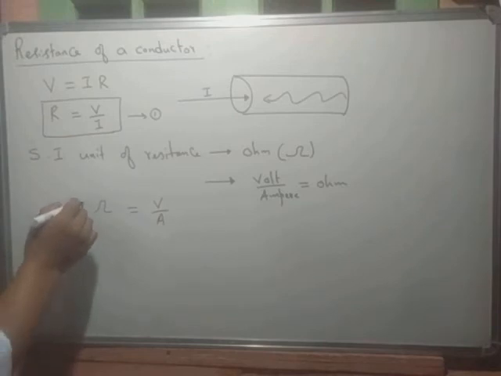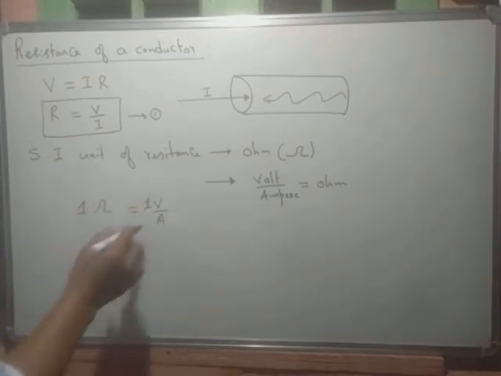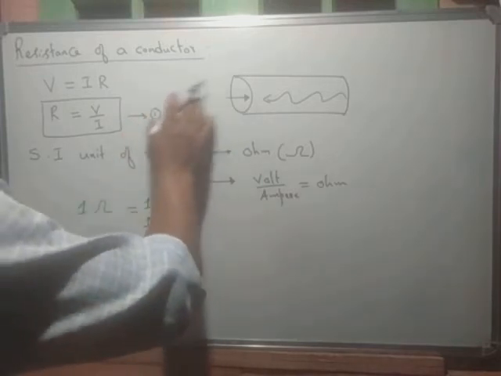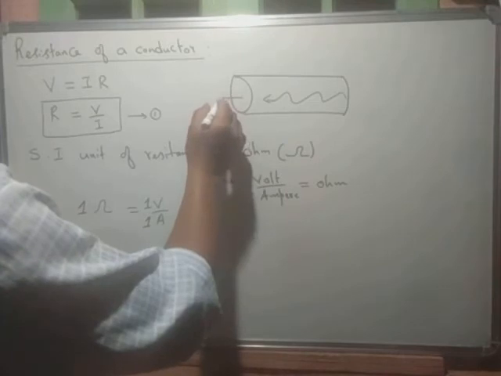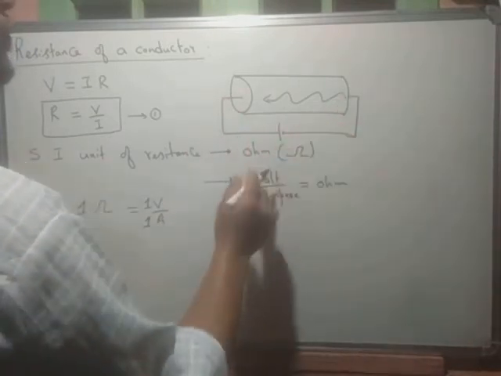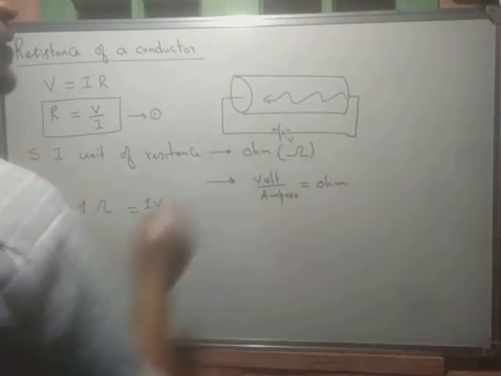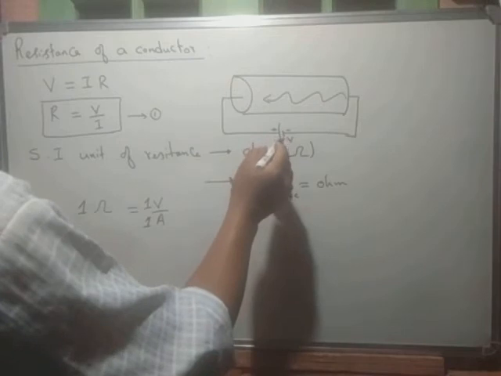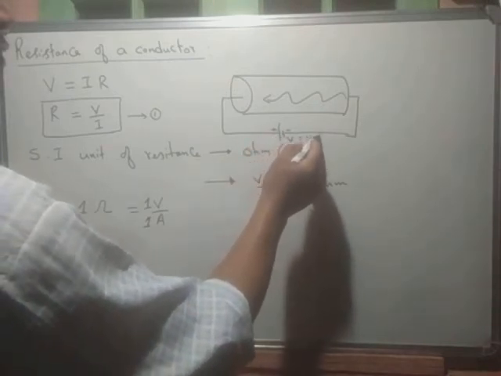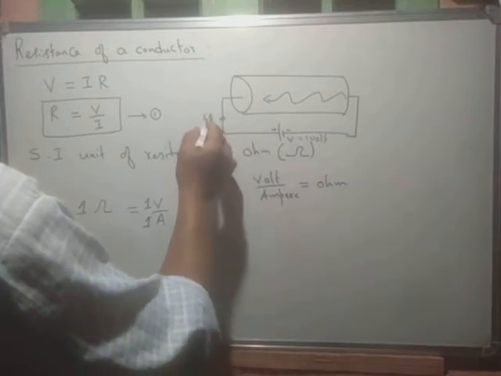Now when I say 1 ohm, this potential difference also should be 1, current also should be 1. So what does it mean? It means that if I connect the two ends of the conductor to a cell like this, and if the potential difference of this cell is, let's say, 1 volt, and this cell produces a current of 1 ampere.